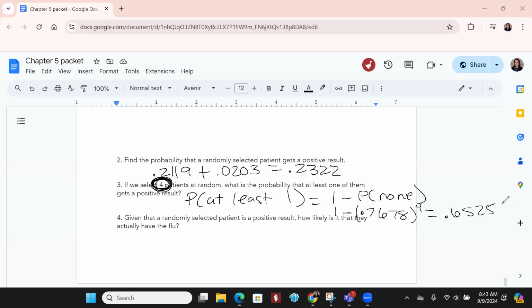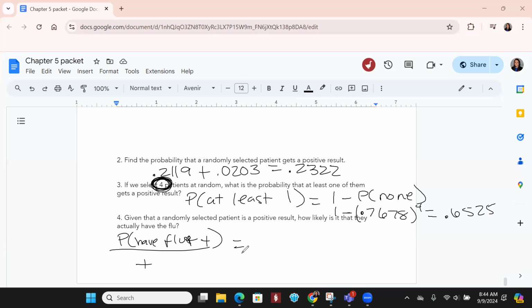All right, so on the last one, let's go over this quickly. Given that a randomly selected patient has a positive result, how likely is it that they actually have the flu? So the probability of having the flu and they're positive. Okay.